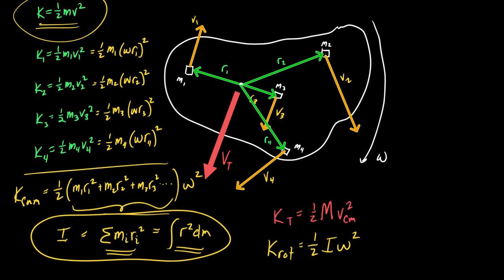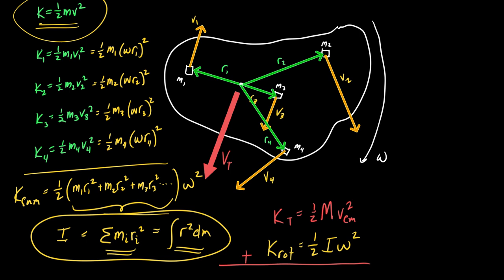So objects can be rotating and can have one form of energy, rotational kinetic energy, and objects can be moving through space and have another form of energy, that's their translational kinetic energy. But that would mean the total kinetic energy would be the sum of these two.